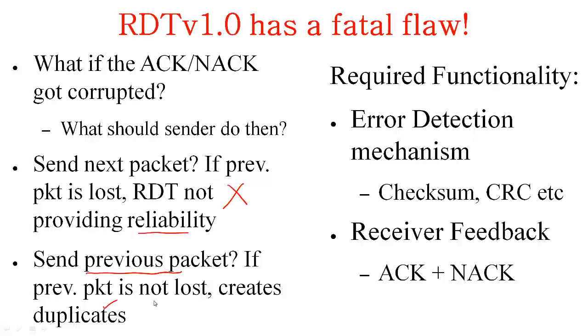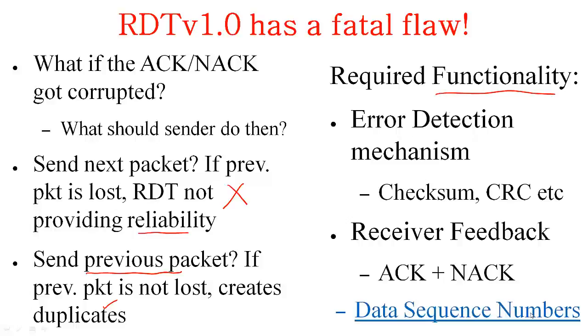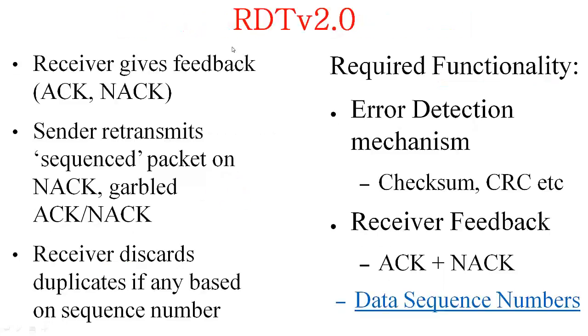So how do you handle these duplicates at the receiver? In other words, what functionality do you need to overcome duplicates? Right, you need to now sequence the packets, the data packets that is. So here is a summary of RDT version 2. The receiver provides feedback in the form of ACK and NAC.